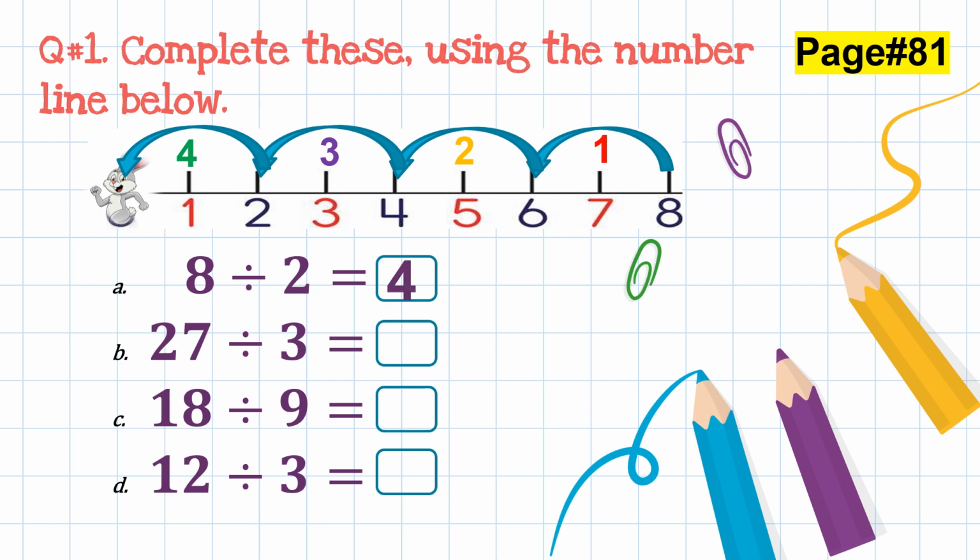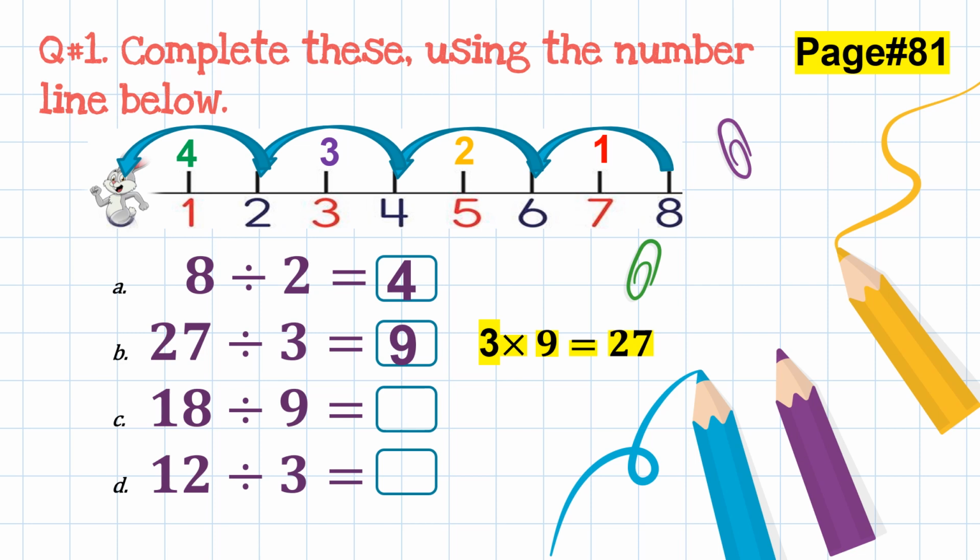Now we use the times table to solve part B, that is 27 divided by 3. Kids, remember the table of 3. As we know that 3 nines are 27, so when 27 is divided by 3 we get 9. Part C is 18 divided by 9.